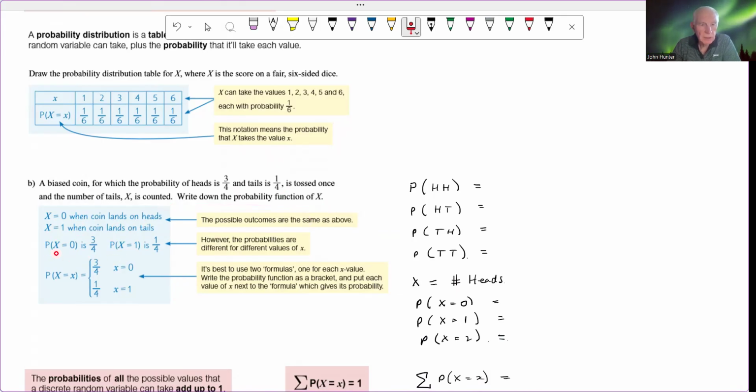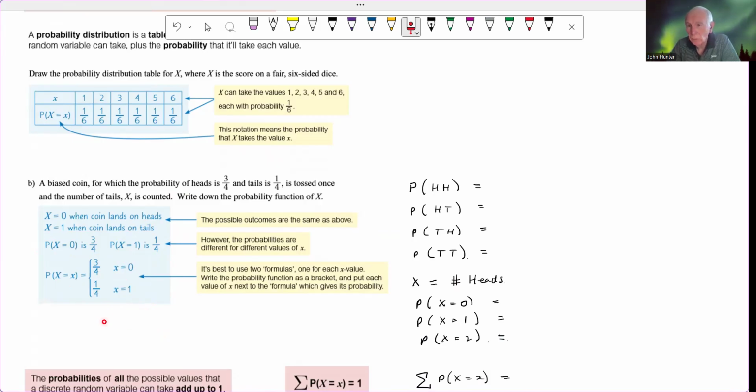So the probability that the random variable is 0 is therefore 3/4, that's heads, and the probability it's 1 is going to be 1/4. If we write out the probability function, we're basically listing all the values with their probabilities, and that's exactly what we've got here.